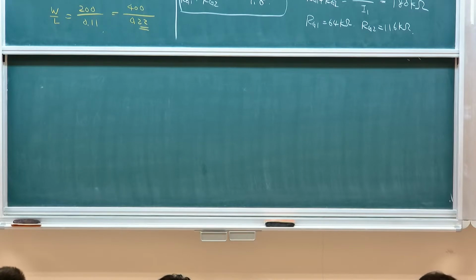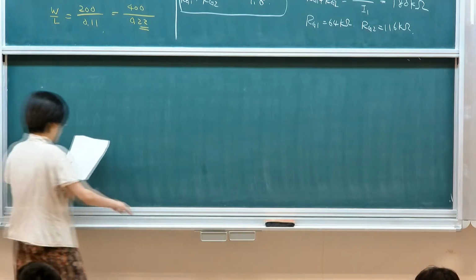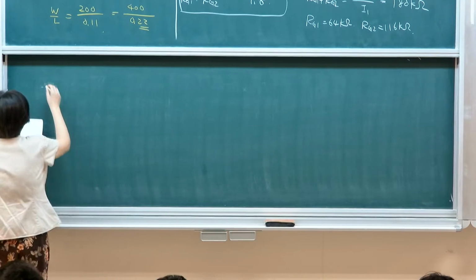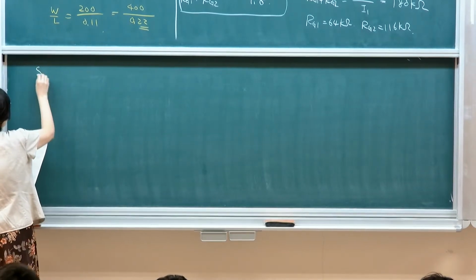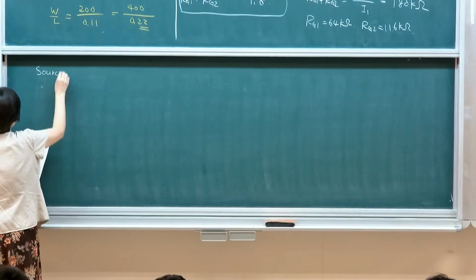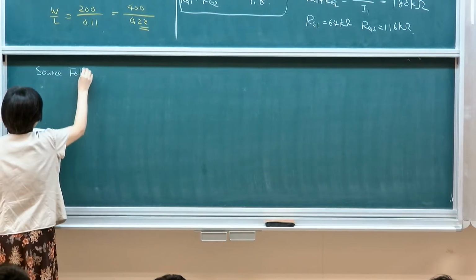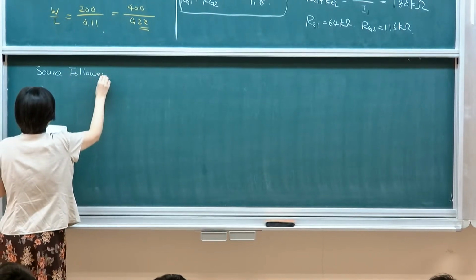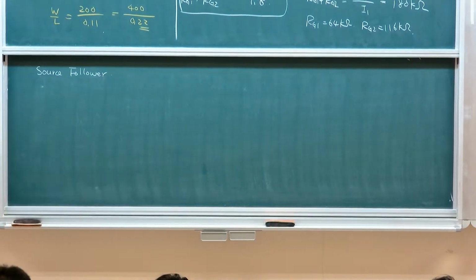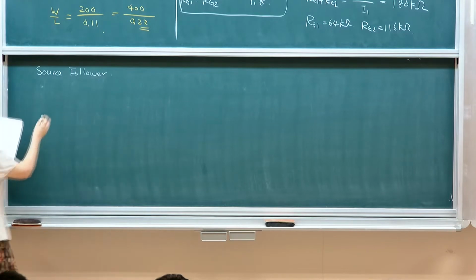Okay. So I'm going to quickly go through another example on a common drain circuit. Let's say I have a source follower that's common drain. I need to determine its biasing current in order to determine its output resistance.